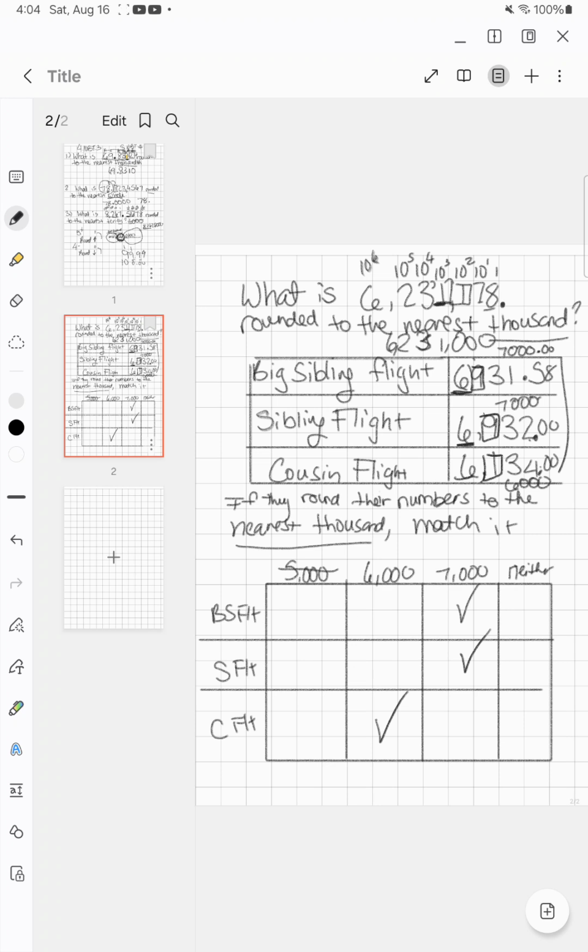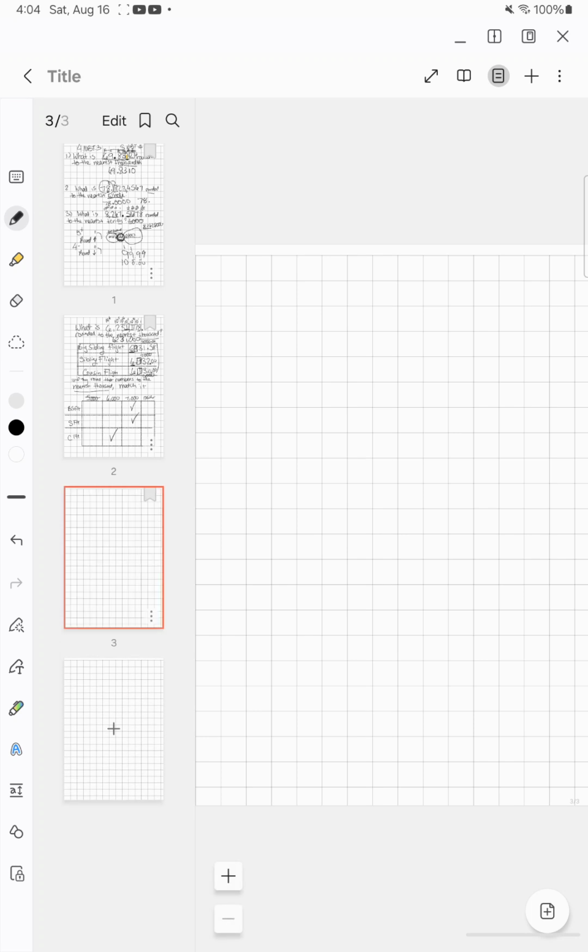Don't get thrown off by a lot of extra numbers or decimals, or if they even say round this to the nearest tenth place. I'm only looking at my tenth place, and I need my hundredths place to tell me that one will make it round down.